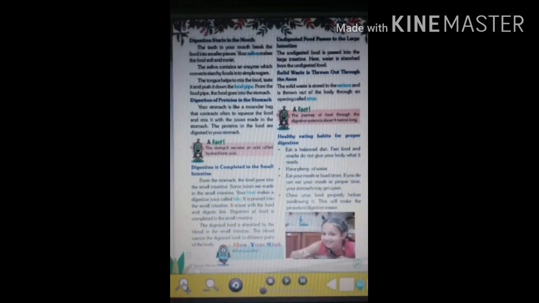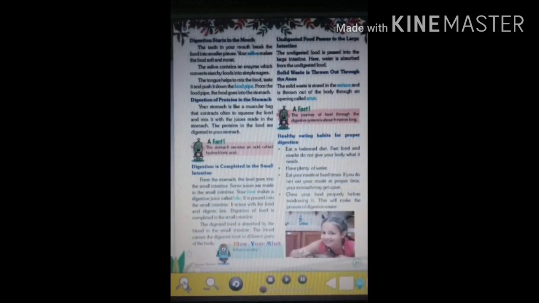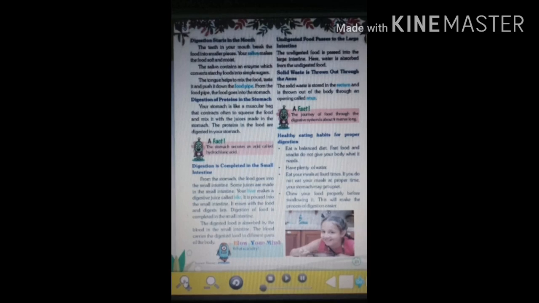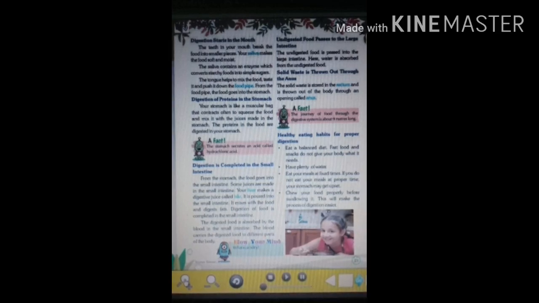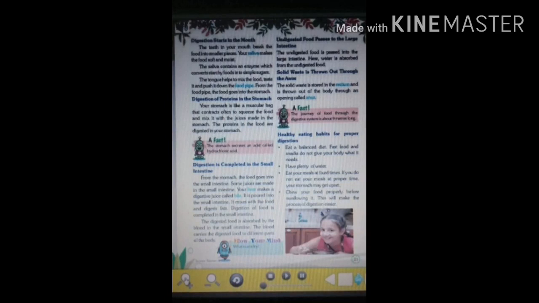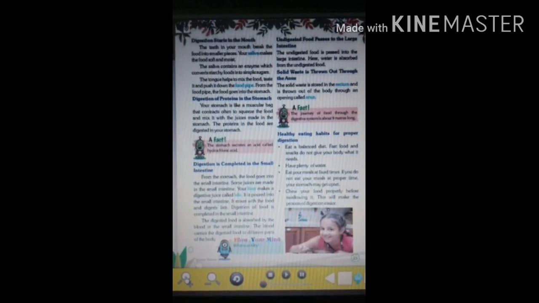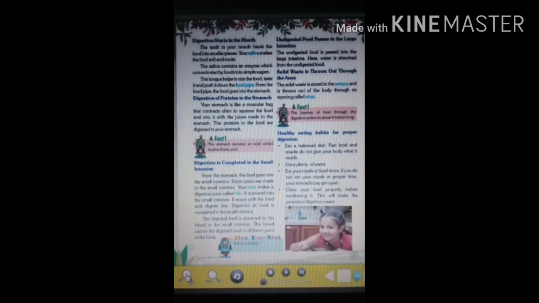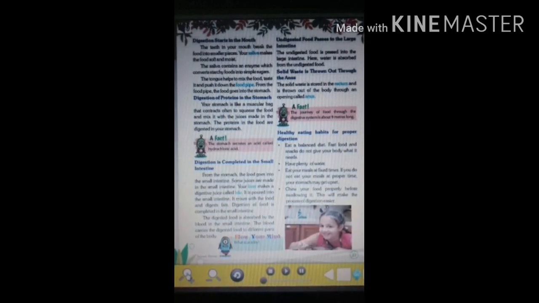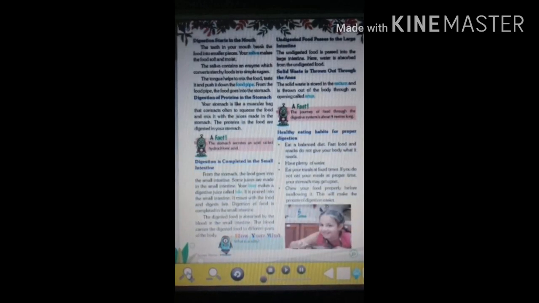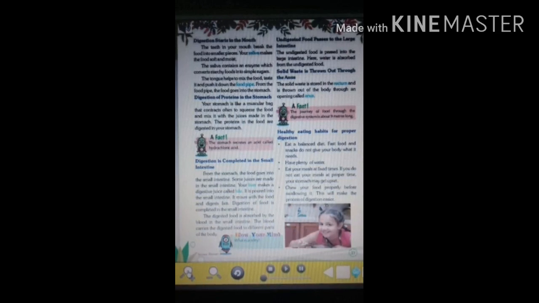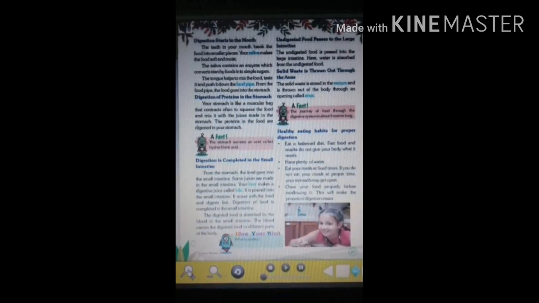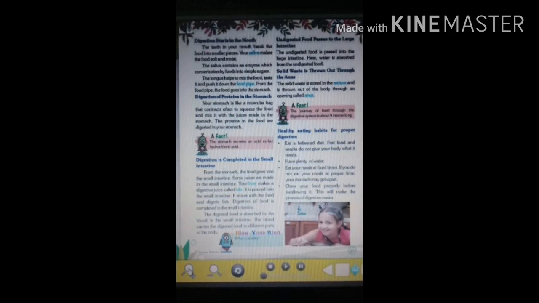Now here we are having some healthy habits for the proper digestion. The first is, always eat a balanced diet. Fast food and snacks do not give your body what it needs. Next, you should have plenty of water.